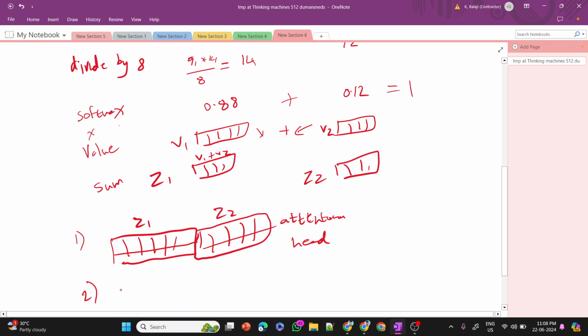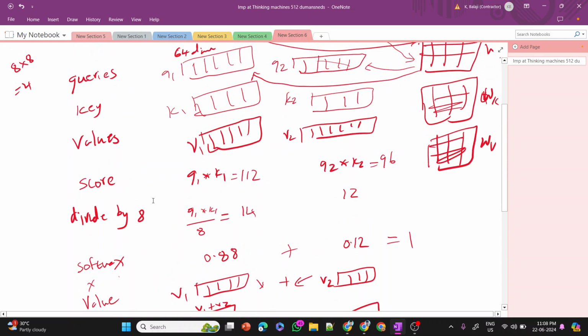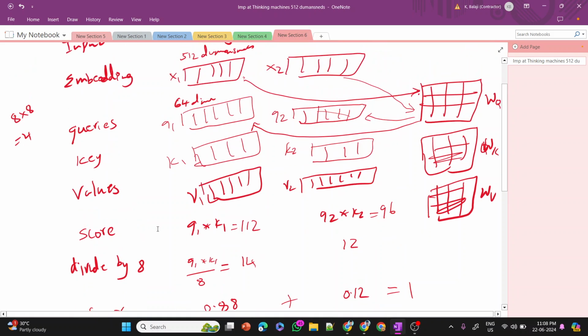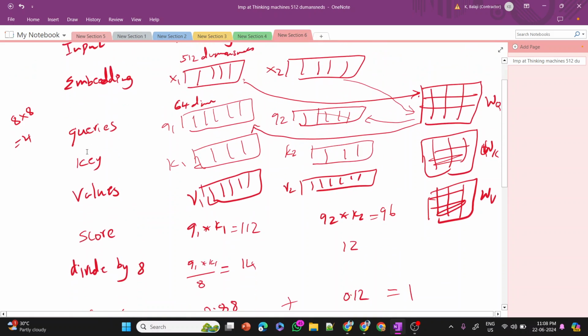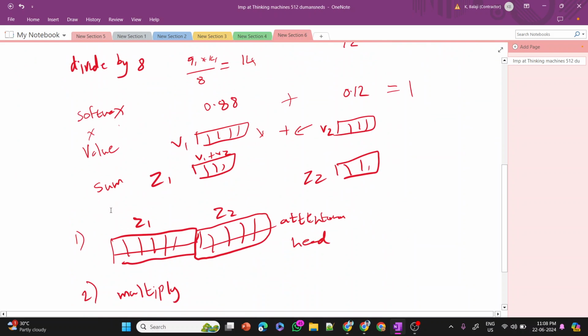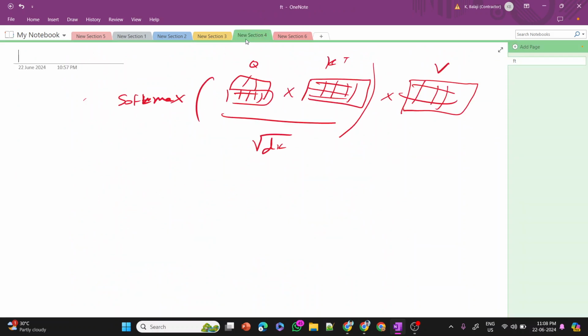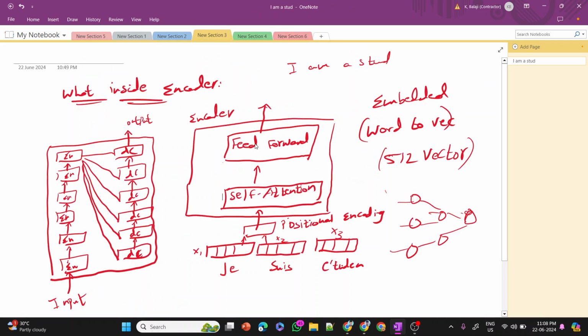After that it will be multiplied with a weight. After computing z1 and z2 and concatenating them, we give that output to the neural network.